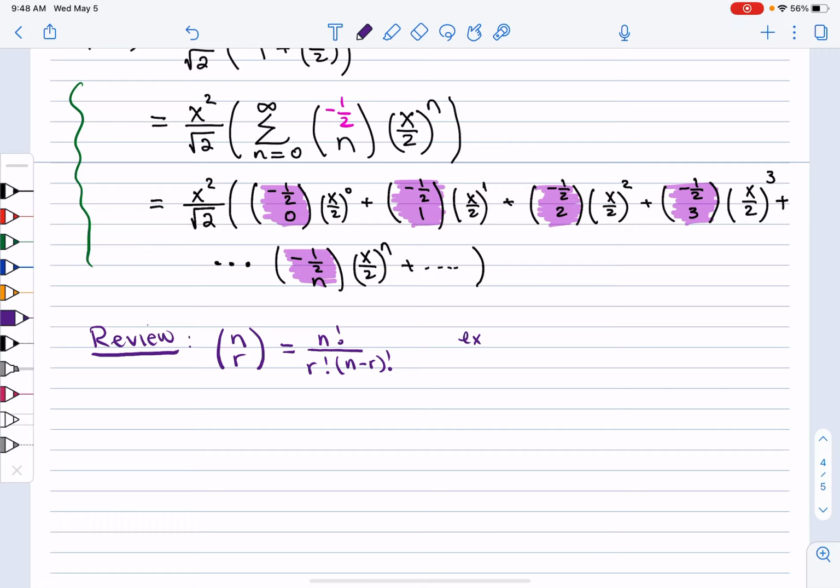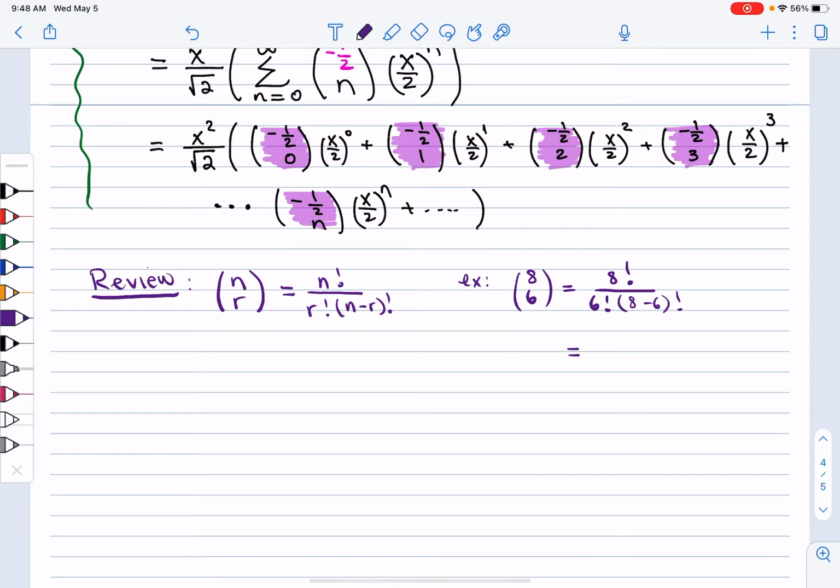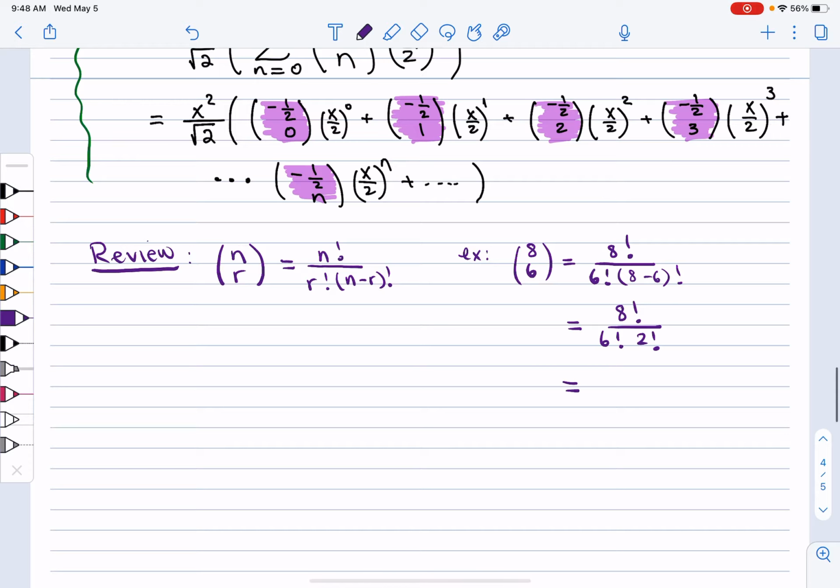So, for example, if we have 8 choose 6, then that would be equal to 8 factorial over 6 factorial, and then we have 8 minus 6 factorial. You can simplify this to be 8 factorial over 6 factorial, 2 factorial, and then again you can simplify a little bit more.